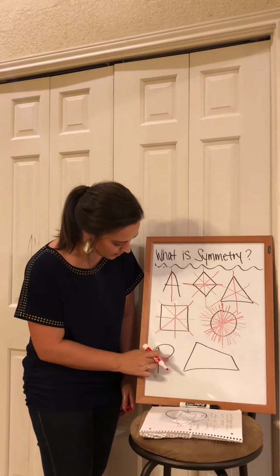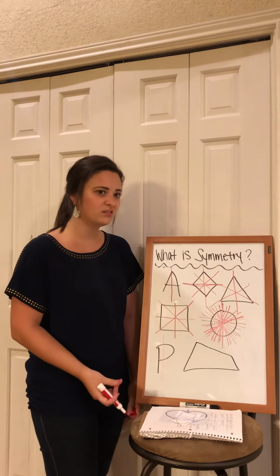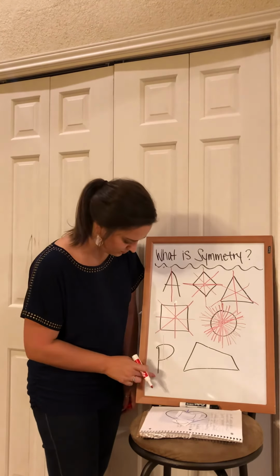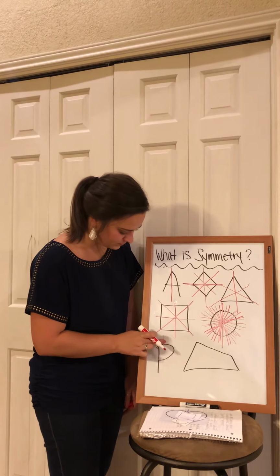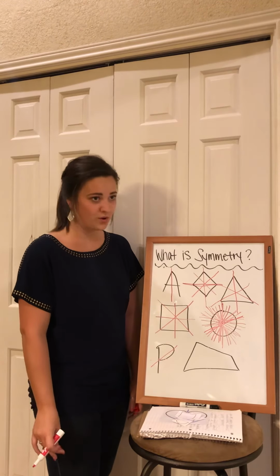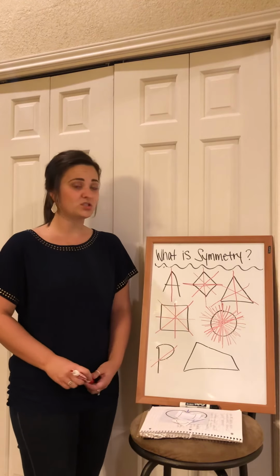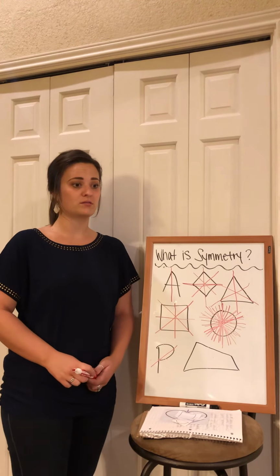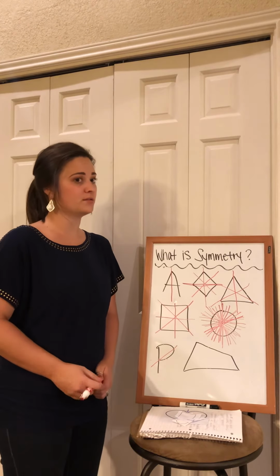Say I tried down the middle this way. Not even close. And diagonal? No way, right? Okay. So this P does not have symmetry. So do you guys know what another word for not symmetrical is?